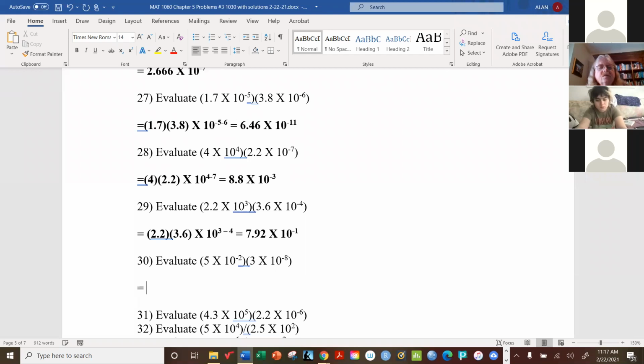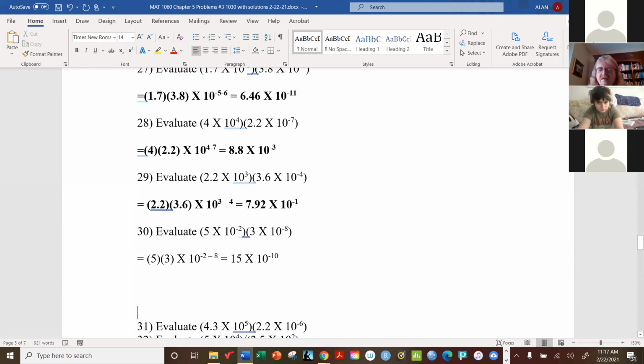So now this one is 5 times 3 times 10 to the minus 2 minus 8. Fifteen, uh-oh, you know what we're going to have to do here? I'm afraid so, yes. The 15 is too big. Not a problem because we know the trick.